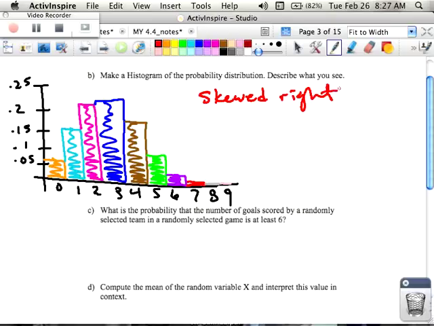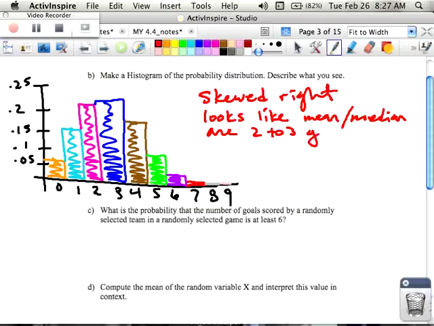What would you say you think is the mean or median scores? 2 or 3. Looks like the mean and the median scores are 2 to 3 goals.